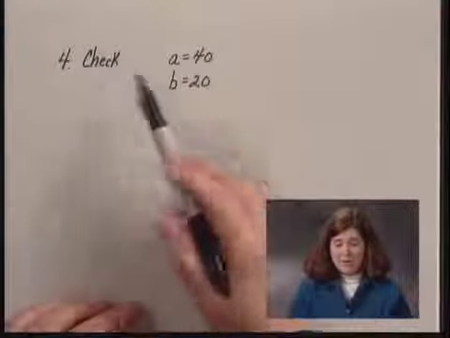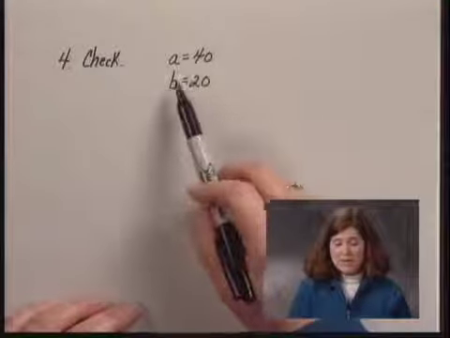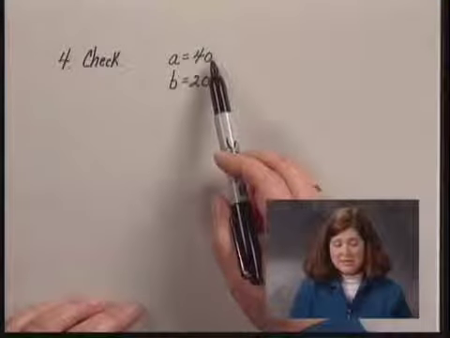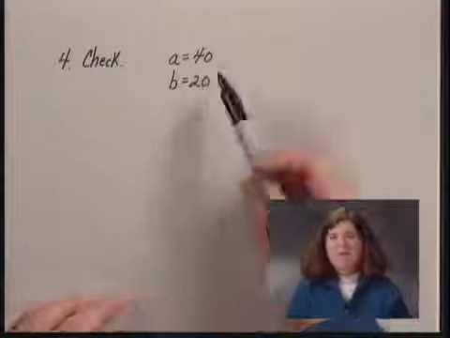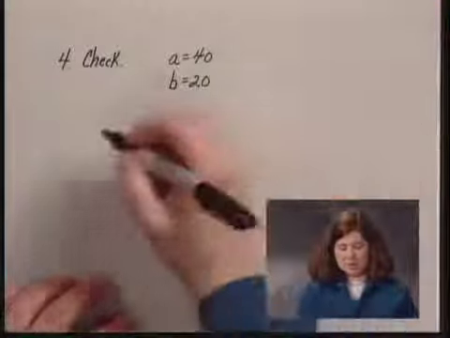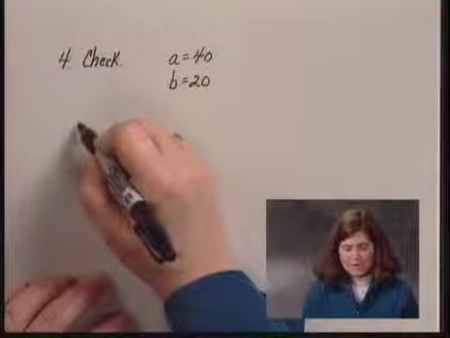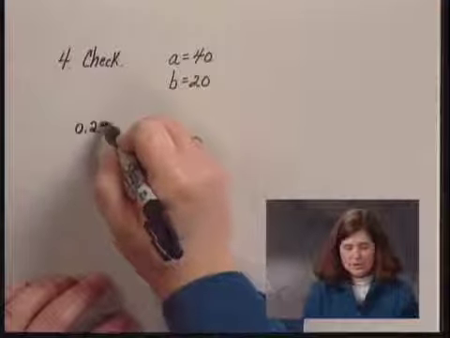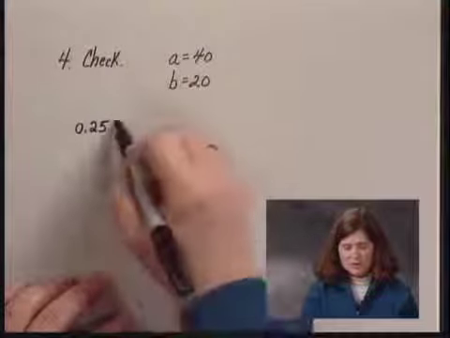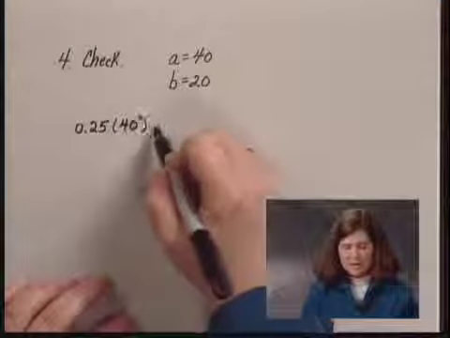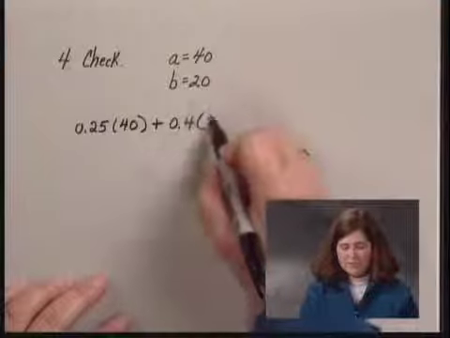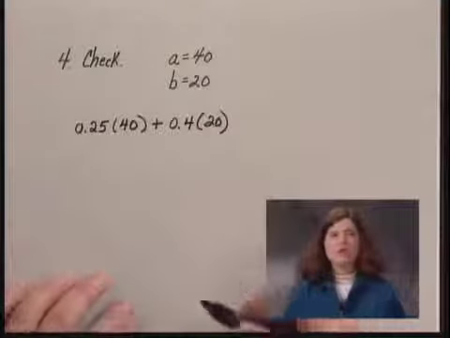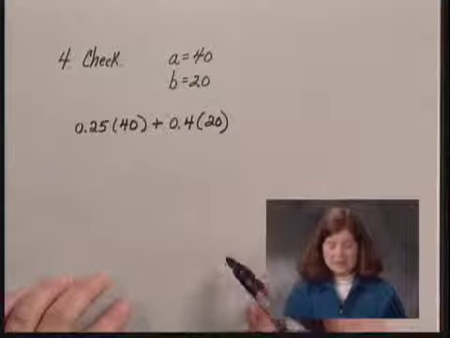Check. We have that A is 40 and B is 20. And we can see that we would get 60 liters of the solution. Will it be the right amount of acid? Well, as you recall, 25% of solution A was acid. So 25% of 40 plus 40% of 20 will give us the amount of acid that's in the solution.